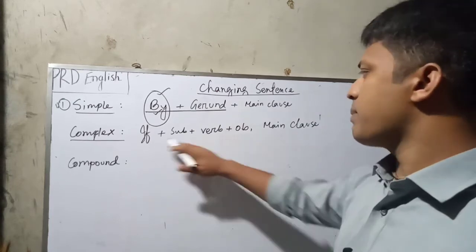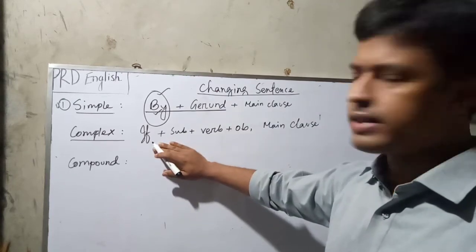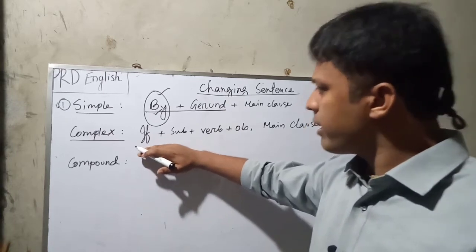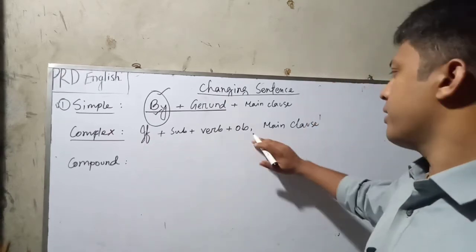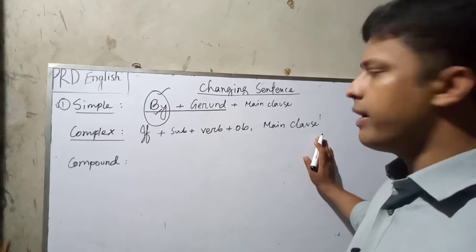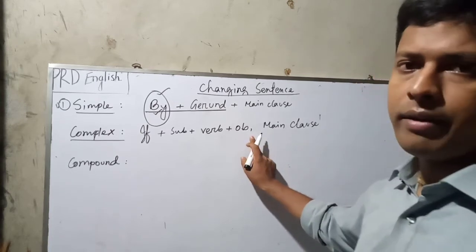If the main clause comes first in the sentence, then this dependent clause will be in the last part of the sentence, and then there will be no comma.